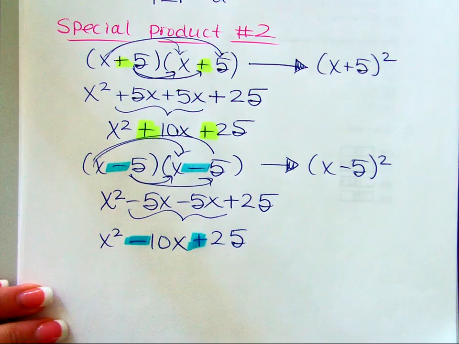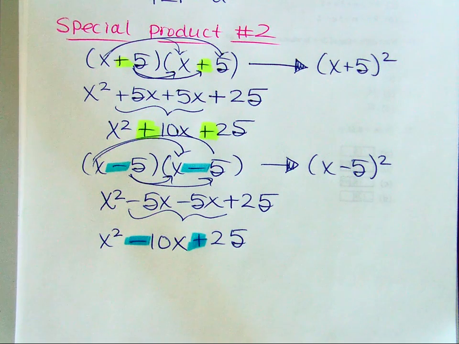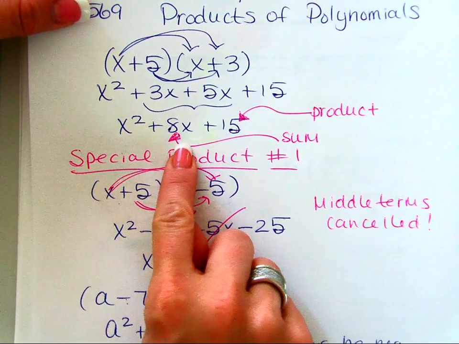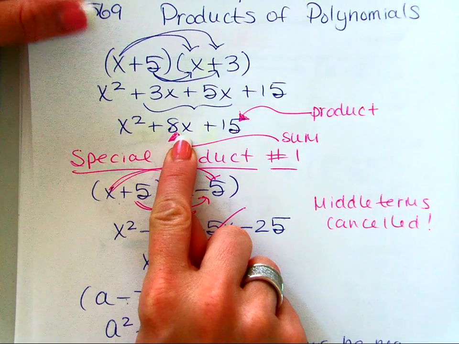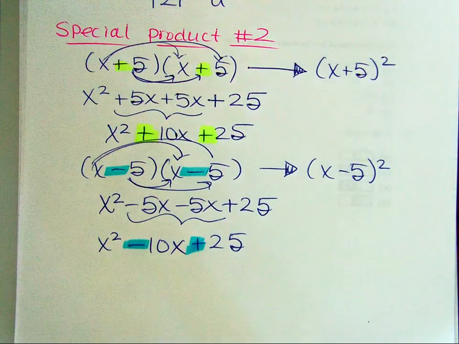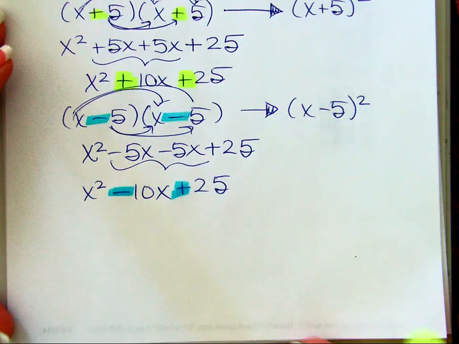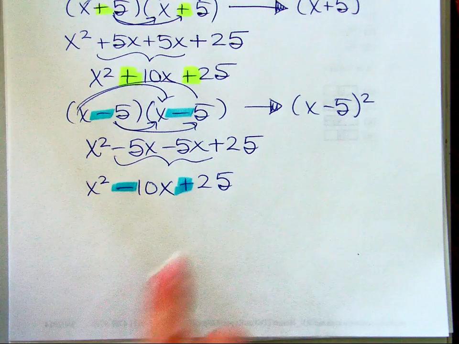Yeah, we already talked about why. But this time, the middle was negative. Does that go back along with what we talked about? This is a product and this is a sum. Listen very carefully. When we get into the end of this chapter, and we start to factor, these rules are going to be super helpful for you. Okay?